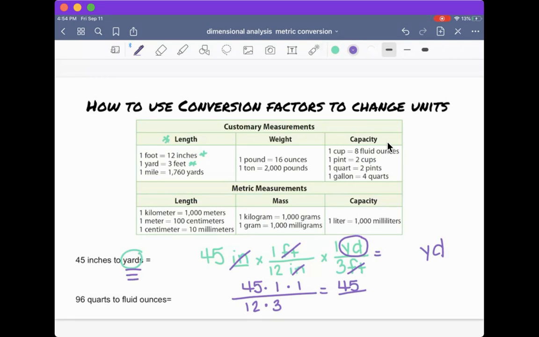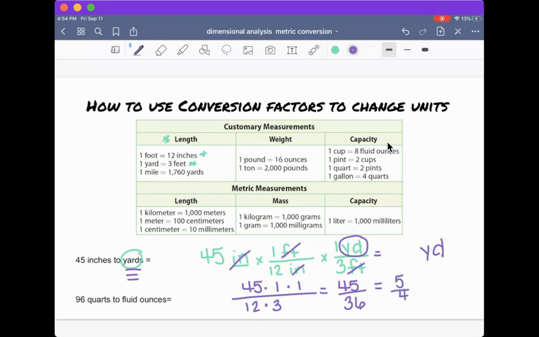So we've got 45 divided by 36. Okay, so this is going to simplify into 5 over 4.